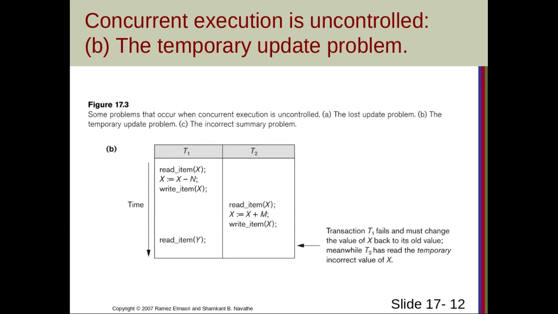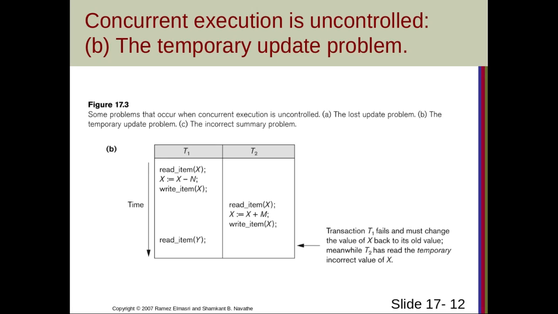That means if a transaction fails, then it has to roll back or revert to its previous consistent state. So before doing that, if some other transaction is using that variable, then we will have this temporary update problem. Here T1 and T2 are executing in an interleaved fashion. Suppose the value of x is 100 and n is set to 10. Then after that the value of x is 90. Then T2 is reading that value 90, and it is doing some operations.